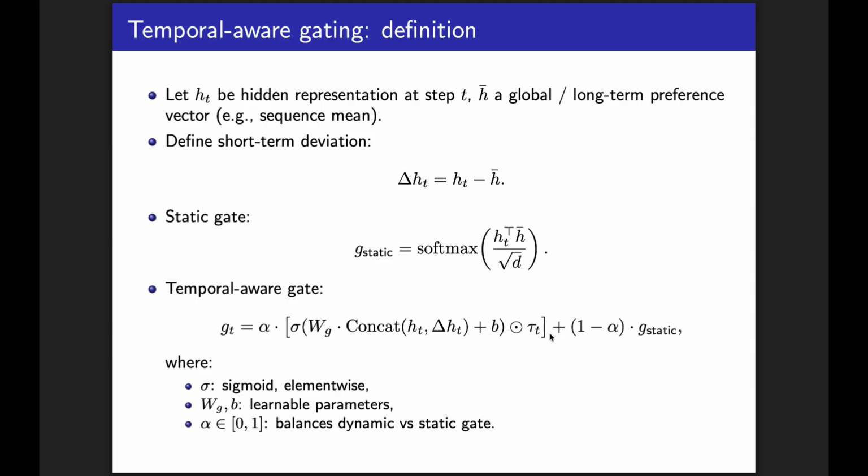That means the one that takes into consideration the time, the temporal information. Because the second half of the equation is the g static, which doesn't have it. These two components are weighted by a parameter alpha, which tells us how I should balance this dynamic versus static gate.